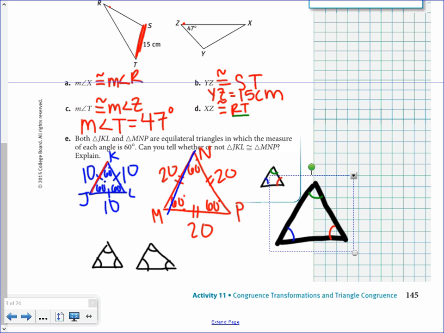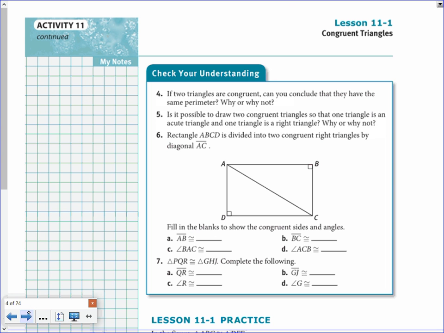What would I need to have to show that triangle 1 and triangle 2 are actually congruent? I would need a side length, and that's what we're going to be getting into in the next few lessons. So let's go to the next page and look at number 4.